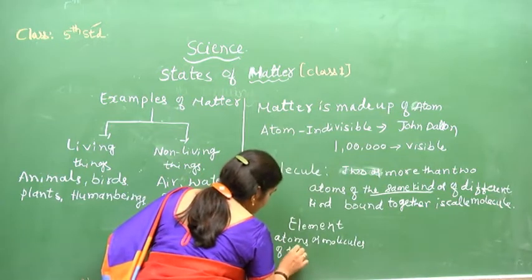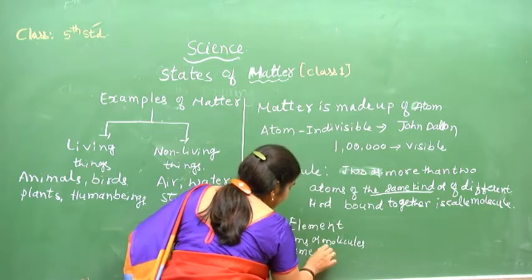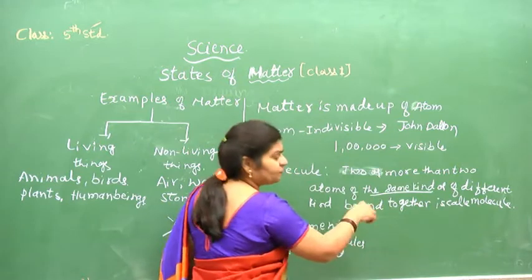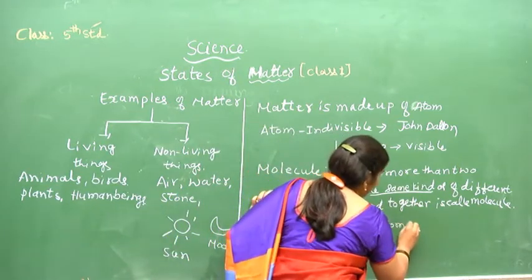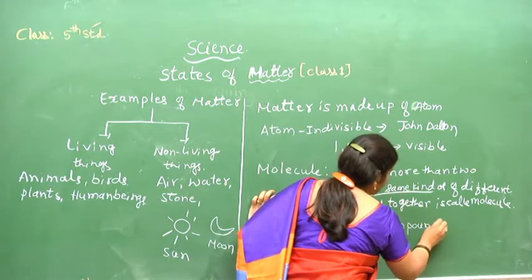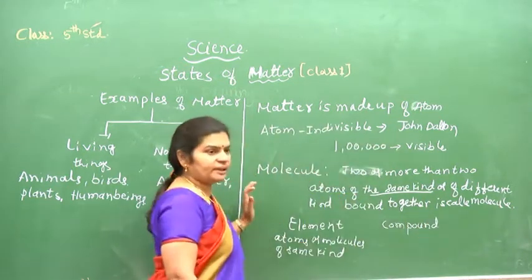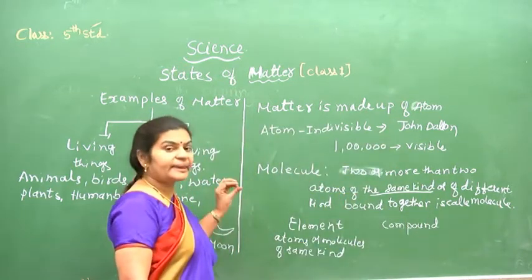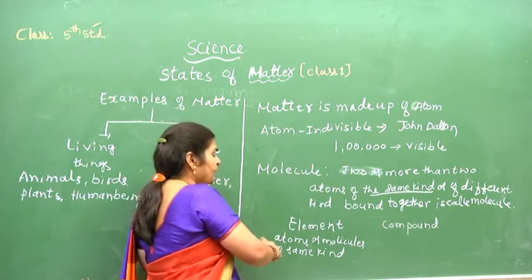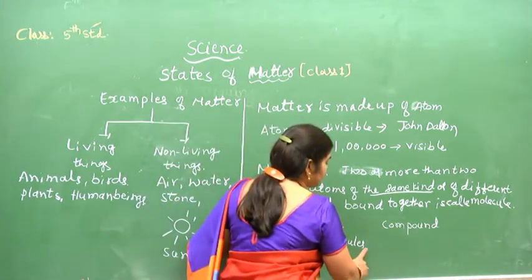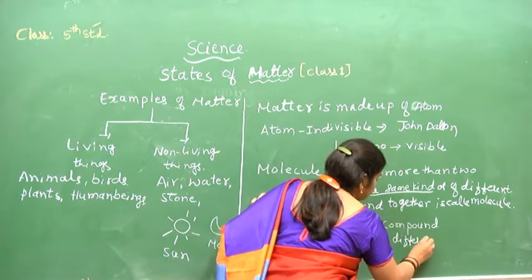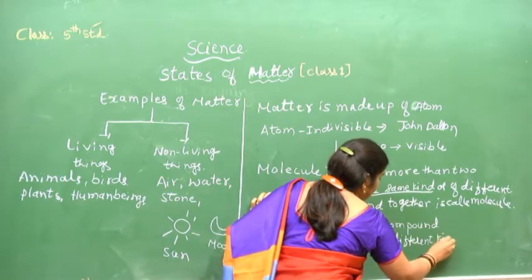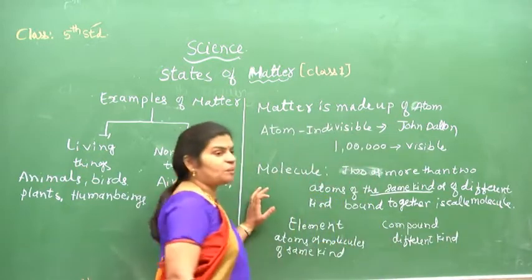Then if they are different, it is called a compound. What is a compound? A compound is a chemical substance that contains atoms and molecules of different kind.